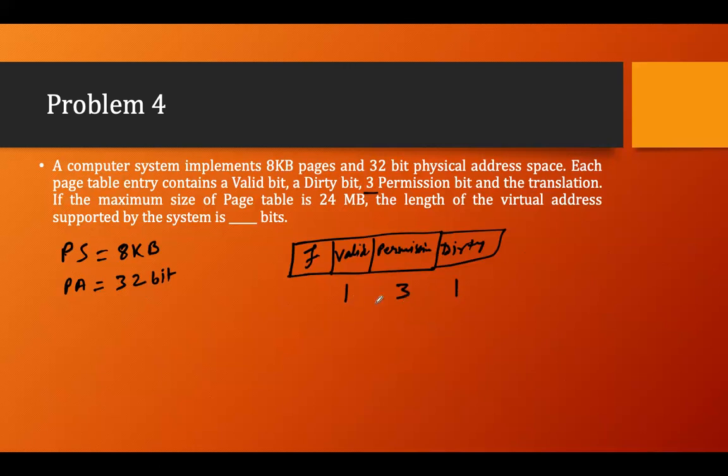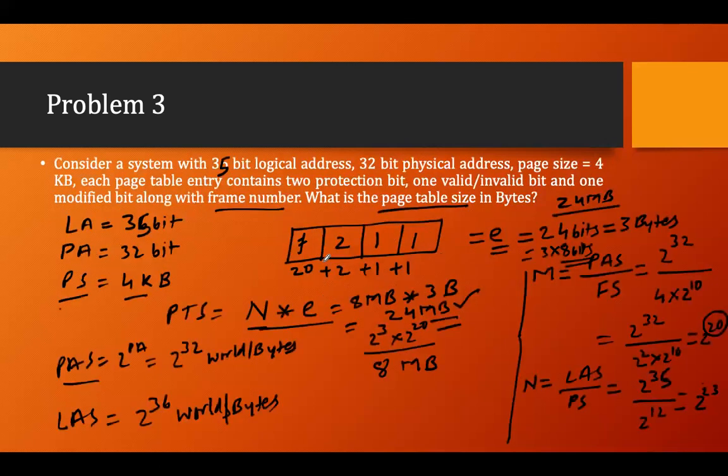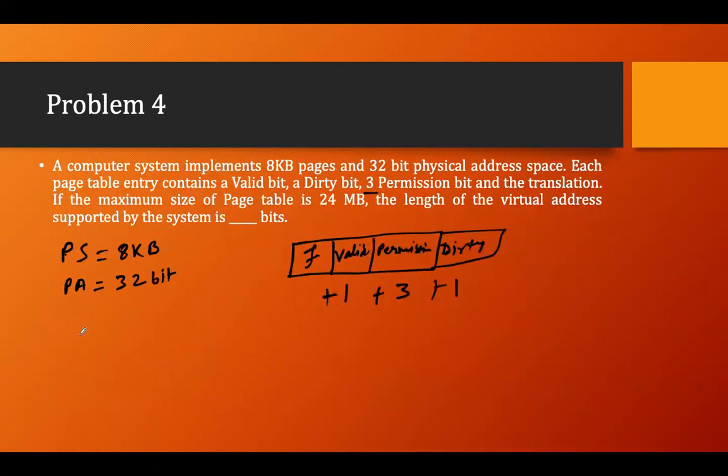So how much do we have? 5 plus frame. How will we get the frame? To find out the f value, that is the frame value, how will we find it? We should have the physical address space divided by the frame size. This is m.